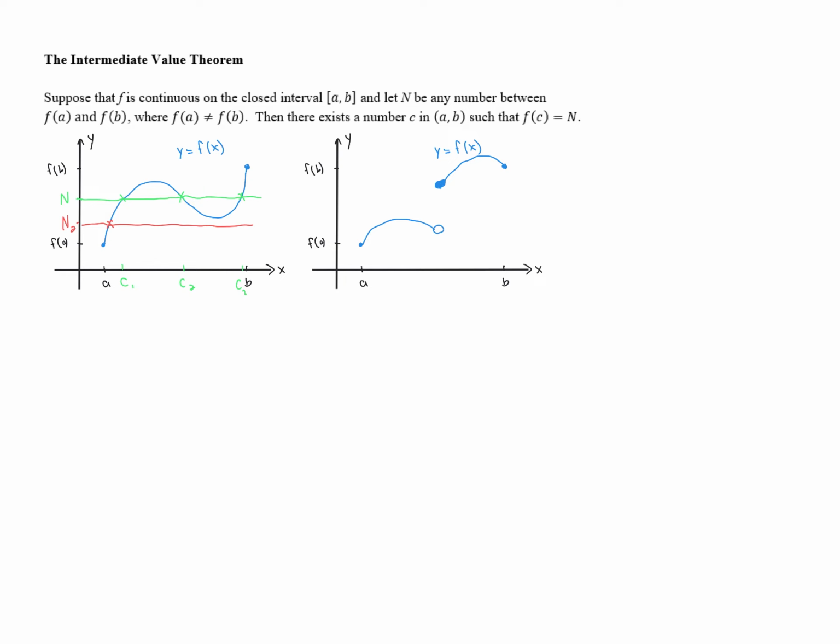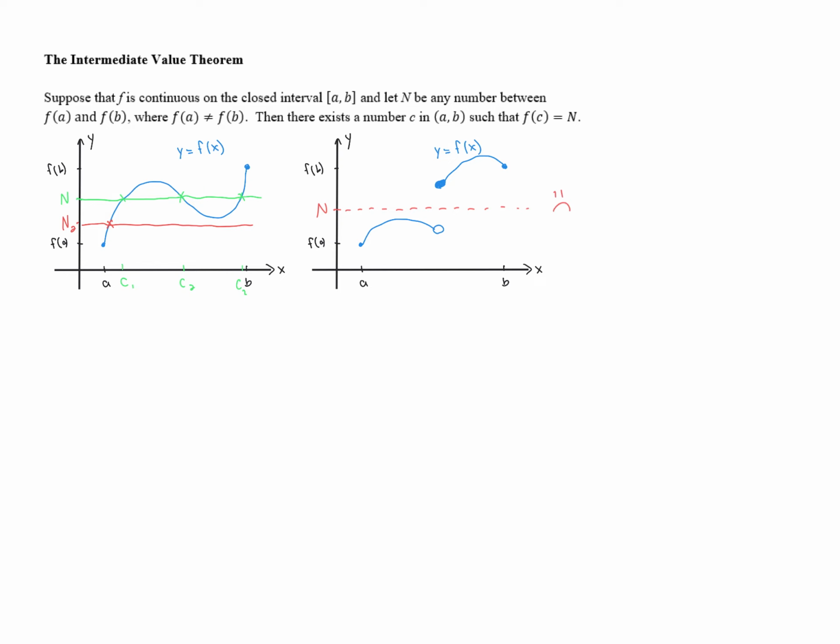Okay, here is another example of a function where f of a is f of a and f of b is f of b. Very similar, but here we have a discontinuous function. If we have a discontinuous function, it's possible to pick a value of N where N is not a function value for that function between a and b.